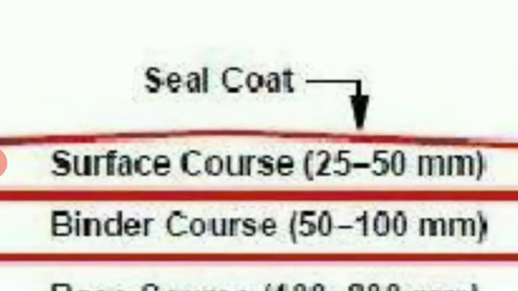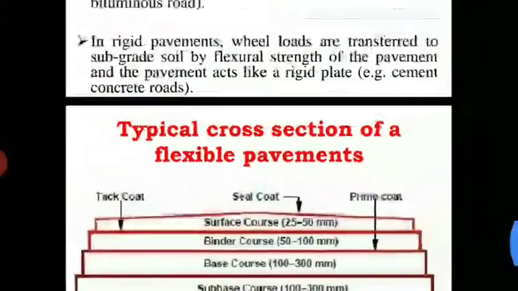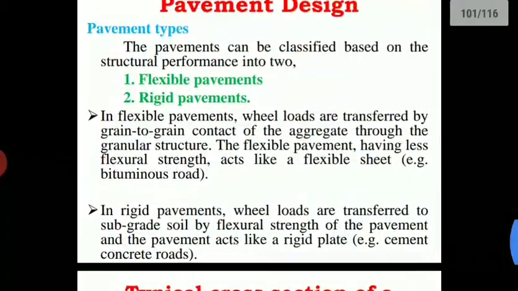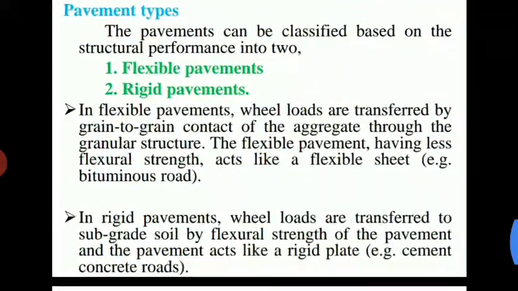Concrete again is a mixture of a binding material such as cement and the filler material, that is fine aggregate as well as coarse aggregate, right? We'll study one by one about these flexible pavements and rigid pavements.